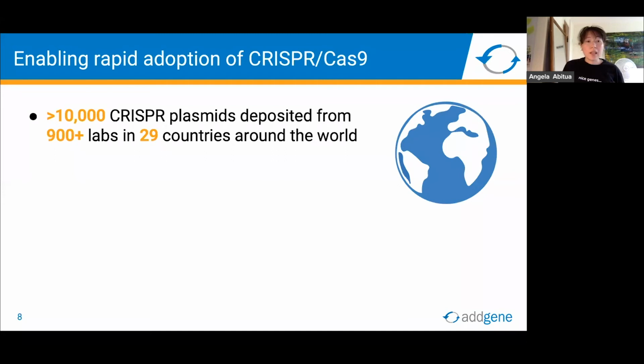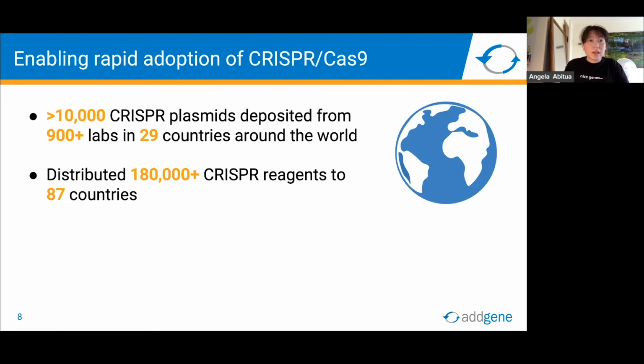And so to date, scientists have deposited over 10,000 CRISPR plasmids from over 900 labs in 29 countries around the world. And we've distributed over 180,000 CRISPR reagents to labs in 87 countries.